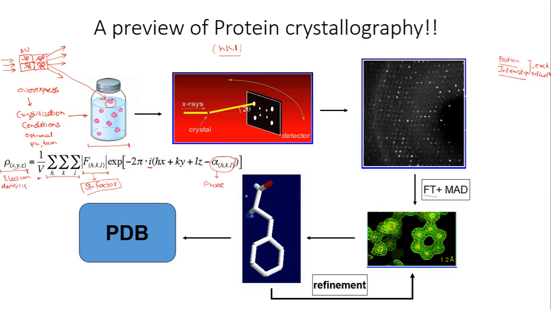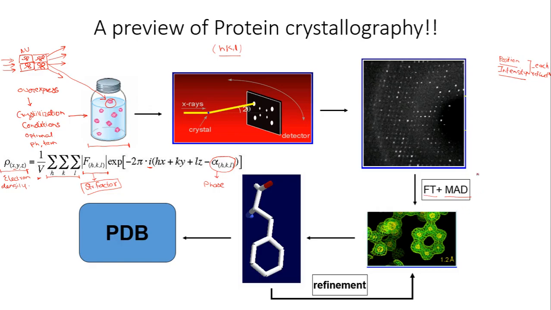Now this phasing, or the phase information, is obtained using various techniques like MIR, multiple isomorphous replacement. You can separately perform MAD, multi-wavelength anomalous dispersion. Another easier way is to perform molecular replacement, if you know that your given protein is similar to some already existing protein.